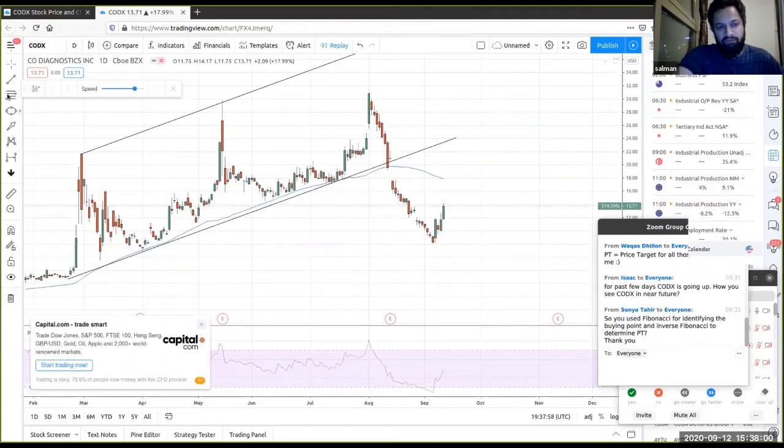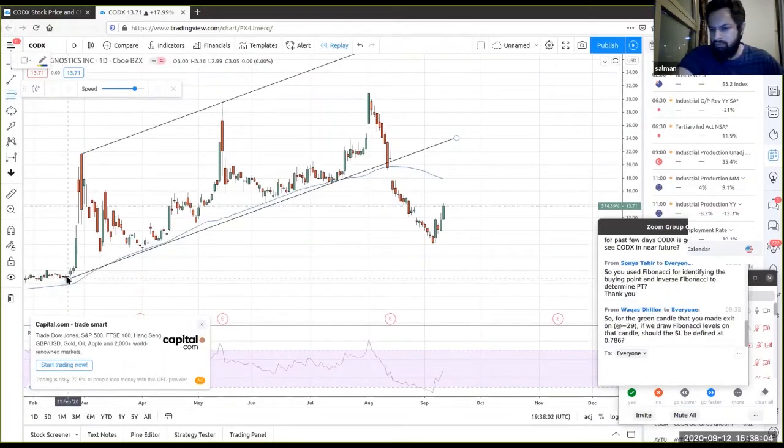So if I zoom out a bit and do the Fibonacci here. For the green candle that you will exit on 29, if you go on at 11, that candle should very... 786.